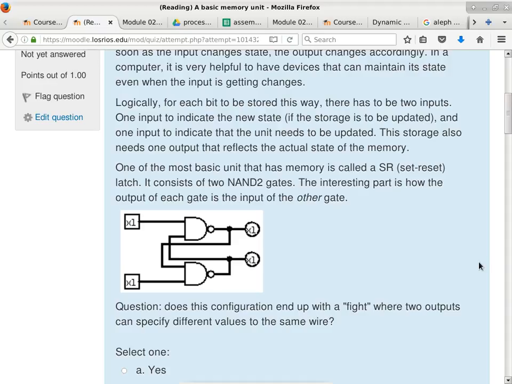So when we analyze this, it's going to be a little bit different because, in addition to giving it all of the potential inputs, 0 0, 0 1, 1 0, 1 1, we also have to take into consideration, quote unquote, the state of this circuitry itself.